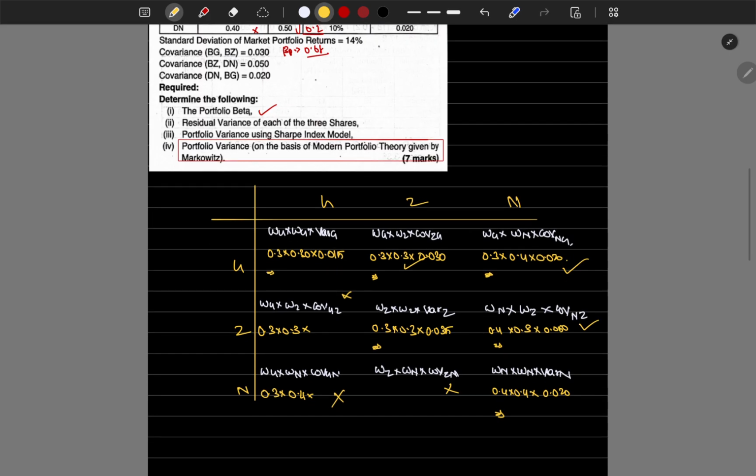Okay, these three alone are not required, because we're going to put the same values here and here, here and here.